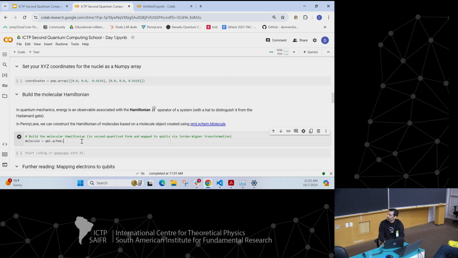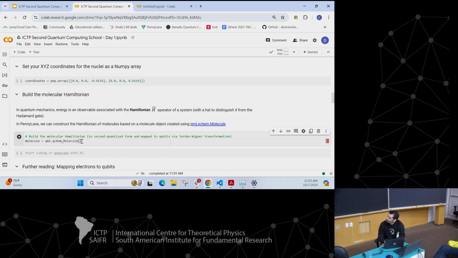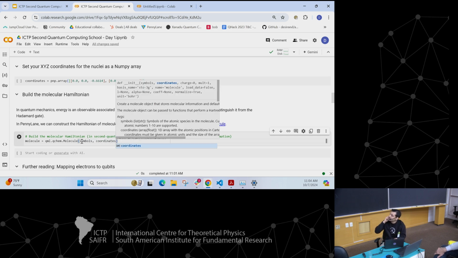PennyLane has a quantum chemistry module that we're going to call. And we're going to give it as input the symbols, so the 2 hydrogen atoms, as well as the coordinates of the 2 atoms that we defined above.